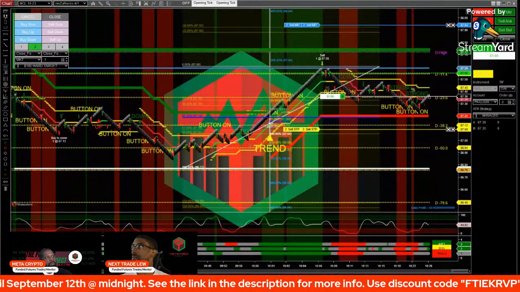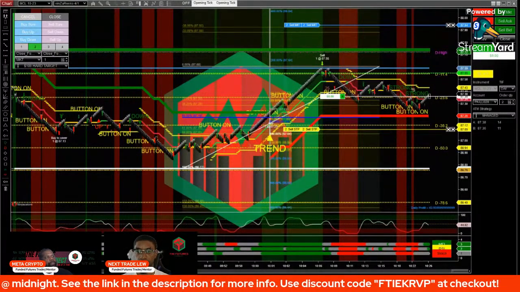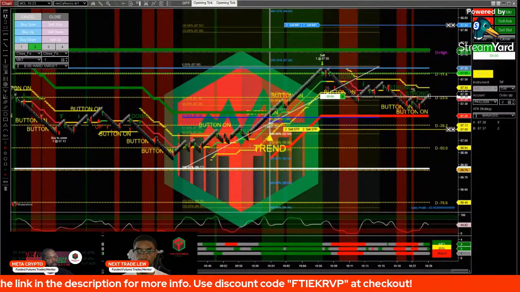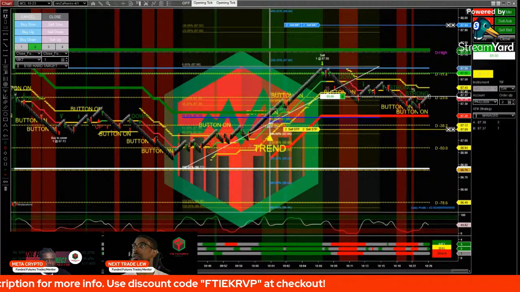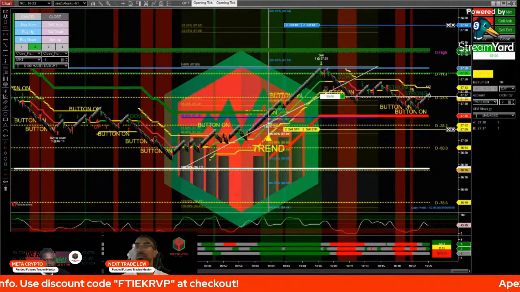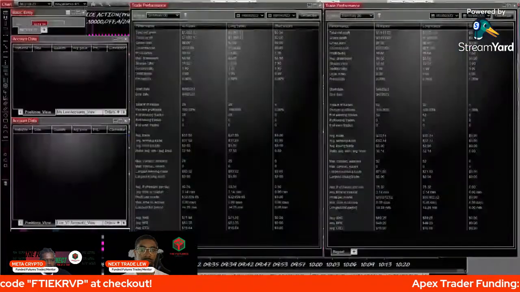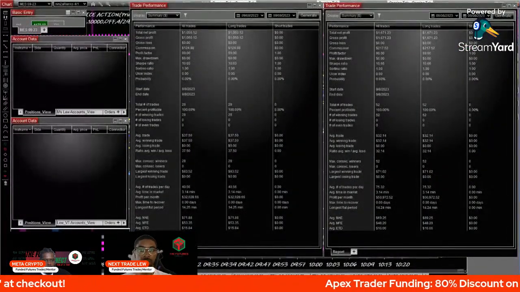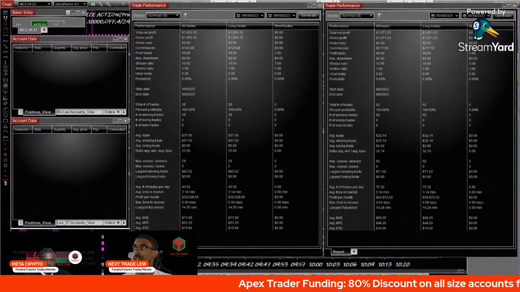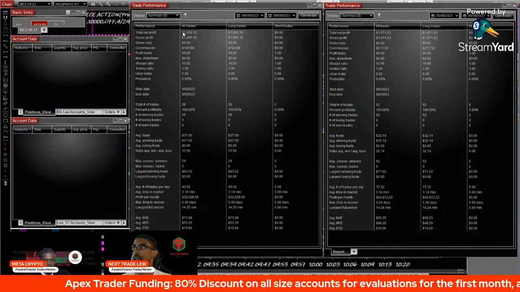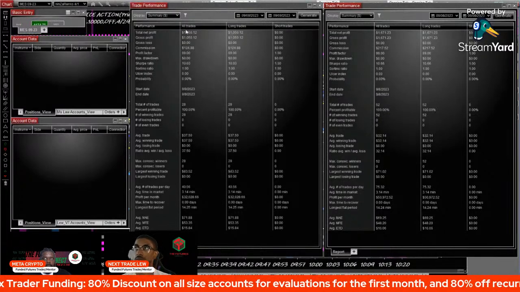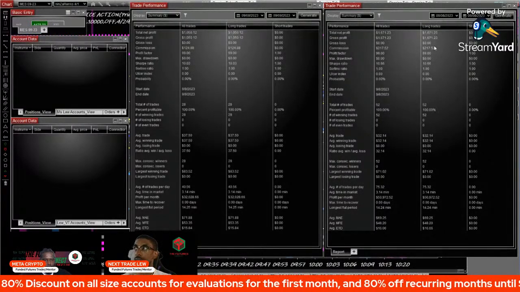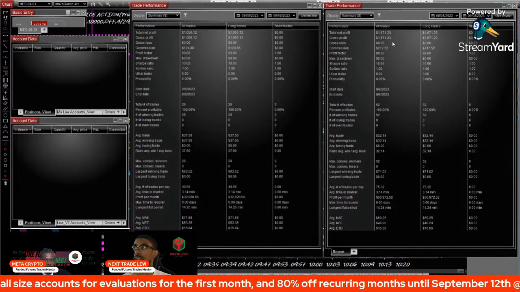This is where we are at the moment. All right, so I'll go here. You can see this is September 8th data. In one entity we're up 1,050, and in another entity we're up 1,671.